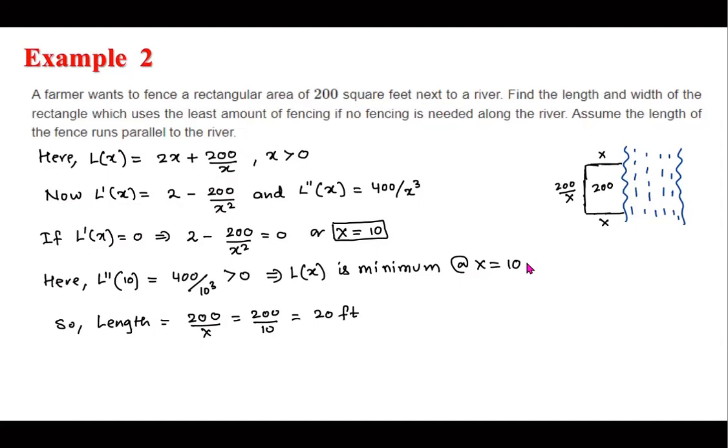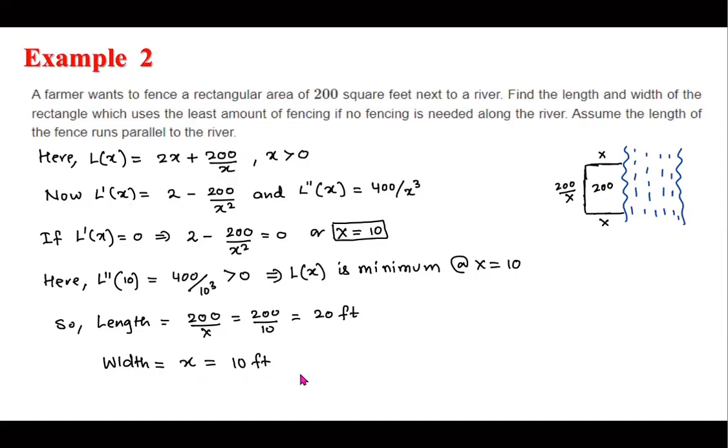That is the length. We are asked to find the length and the width. Width is equal to x, which is 10 feet. So the length of the fence is 20 feet and the width of the fence is 10 feet.